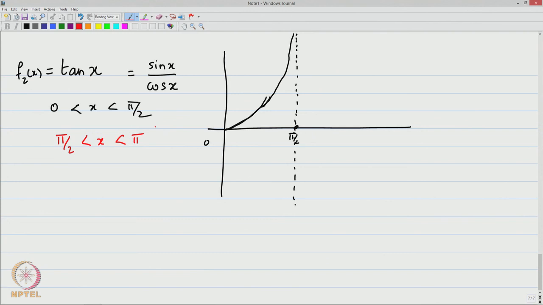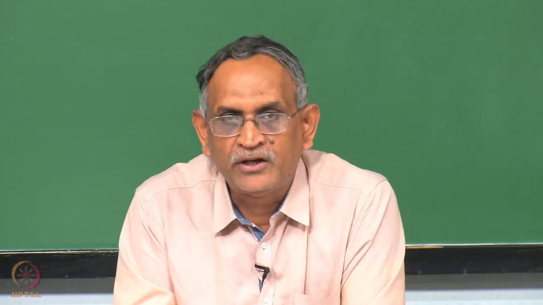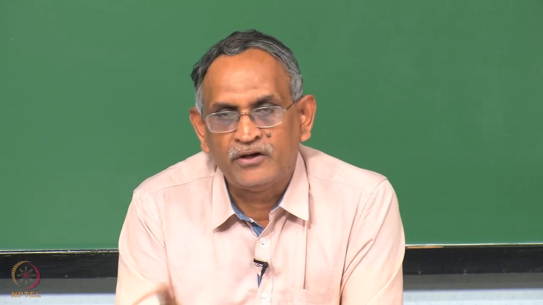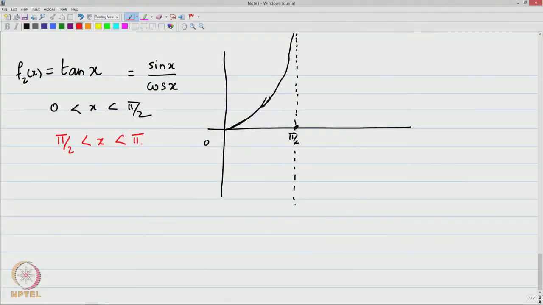What happens? So, you see that sin x is positive, sin pi by 2 is 1, and then from pi by 2 to pi, the function decreases. But cos x increases from 0 in the negative direction, because cos x is minus 1 when you go to x is equal to pi. Therefore, cos is negative in the second quadrant, therefore, the whole function is negative, but it is growing from very large negative values.